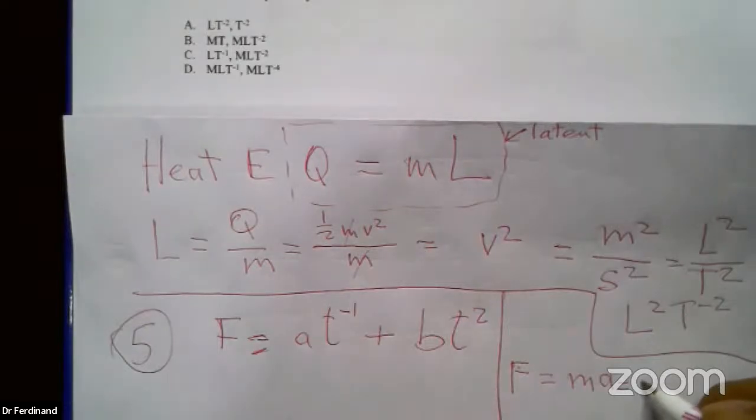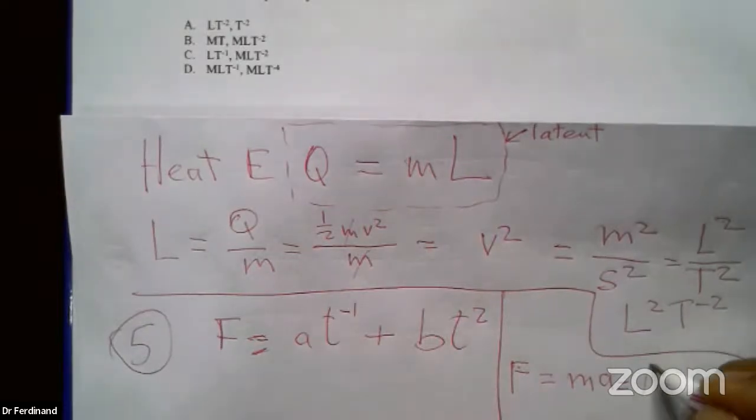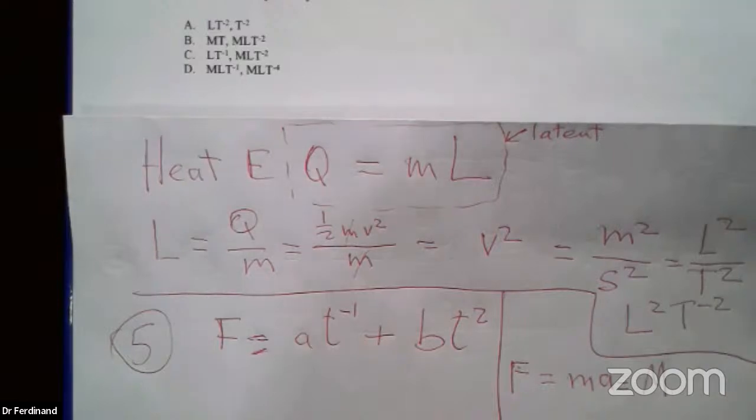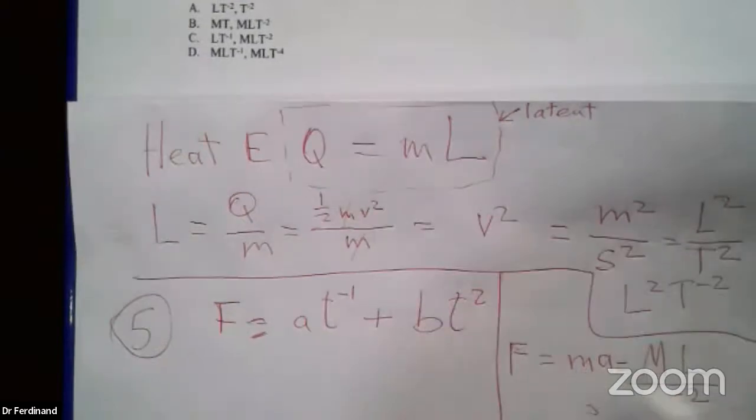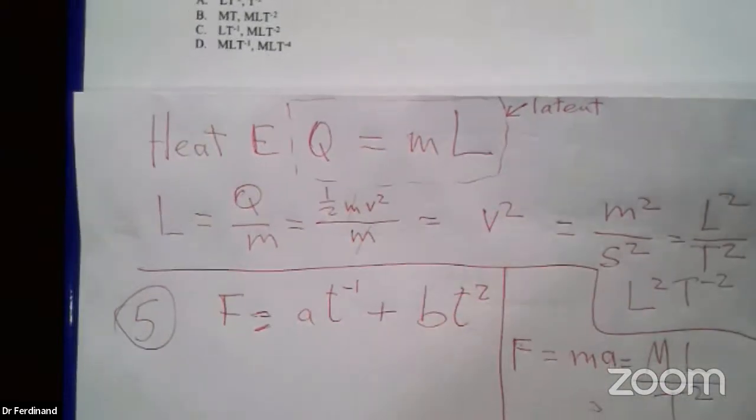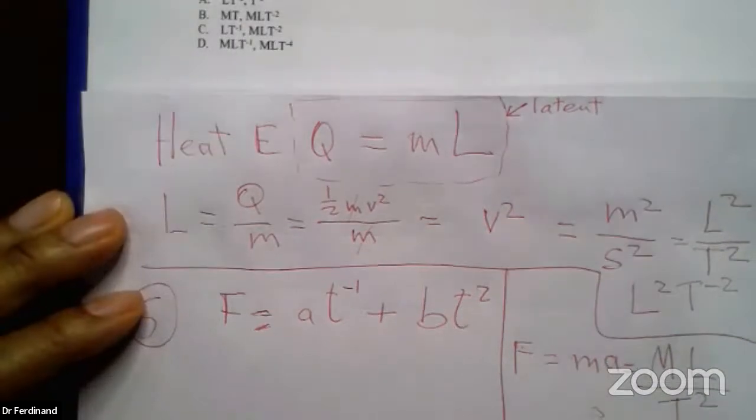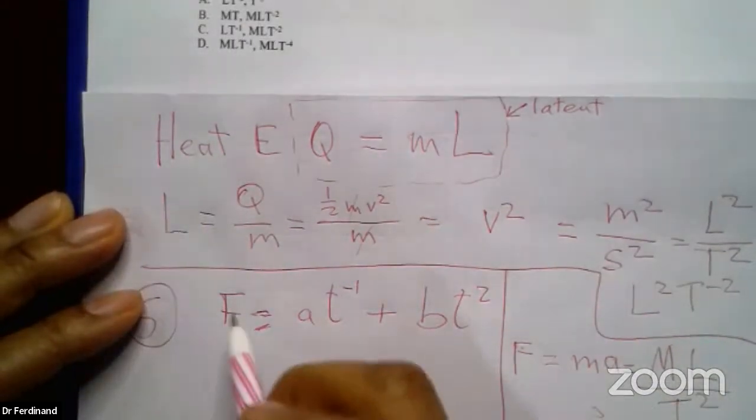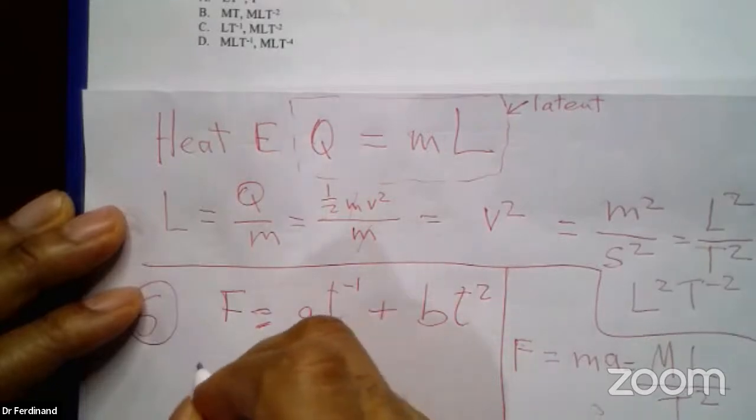Mass would be capital letter M, and acceleration is meters per second squared, as an example in SI units. So acceleration is meters, which is length, per second squared, which means over time squared. So this is the mass, and this is the acceleration. So I can change force to this.